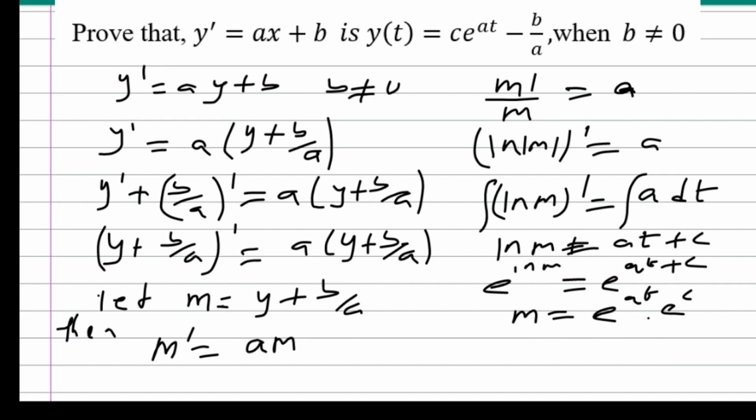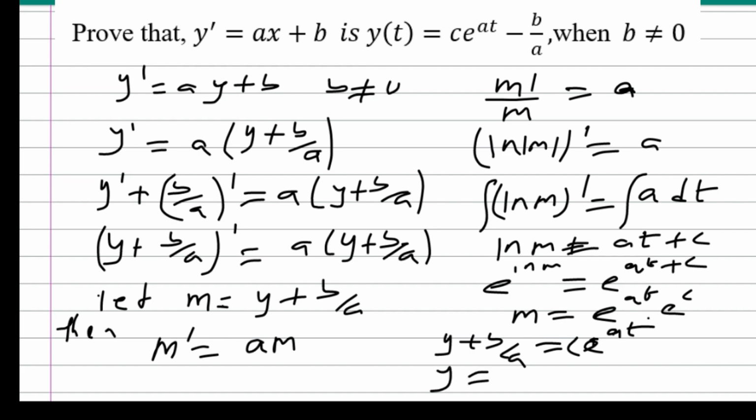But I know my m is equal to what? y plus b over a. So I replace it. y plus b over a is equal to c e exponent at. Since e exponent c is a constant, I just replace all by what? C. And now you group like terms.